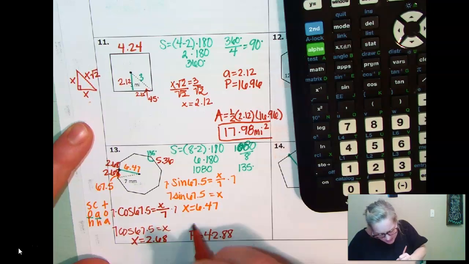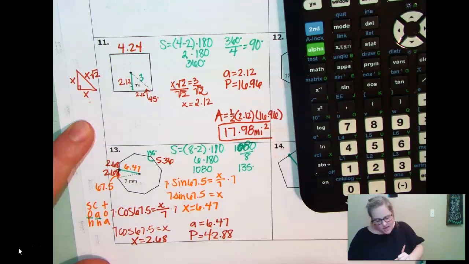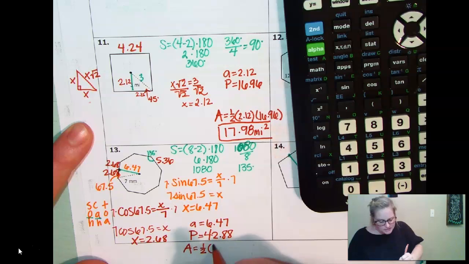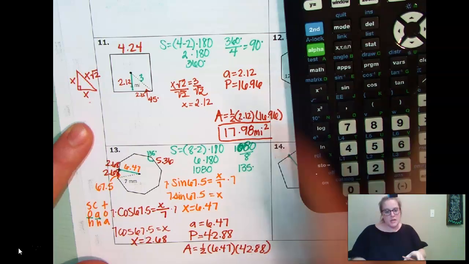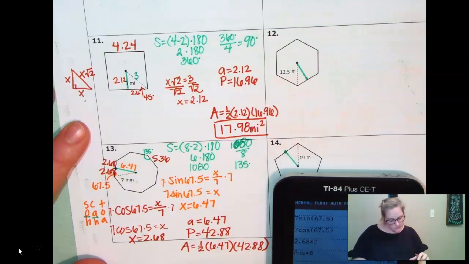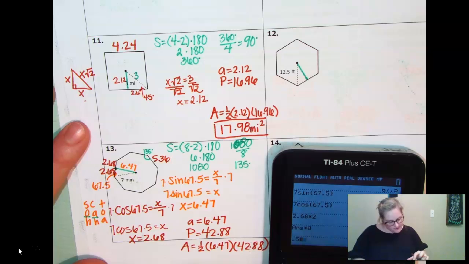42.88. My apothem is 6.47, so the area is going to be 1/2 times 6.47 times 42.88. Plug it in your calculator. Half of 6.47, and my perimeter is 42.88.